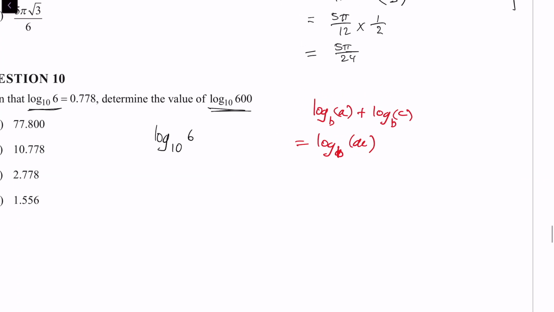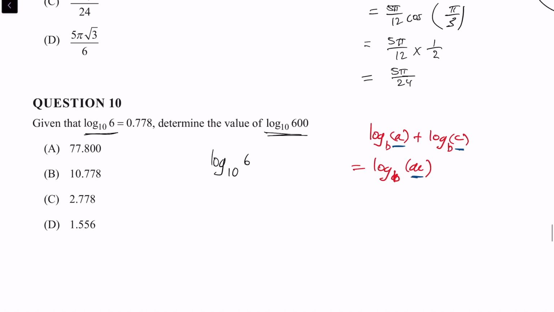Right, so if I'm adding two logs with the same base, then I just multiply what I've underlined in blue, right? So A times C. Okay, so we can apply that here as well.